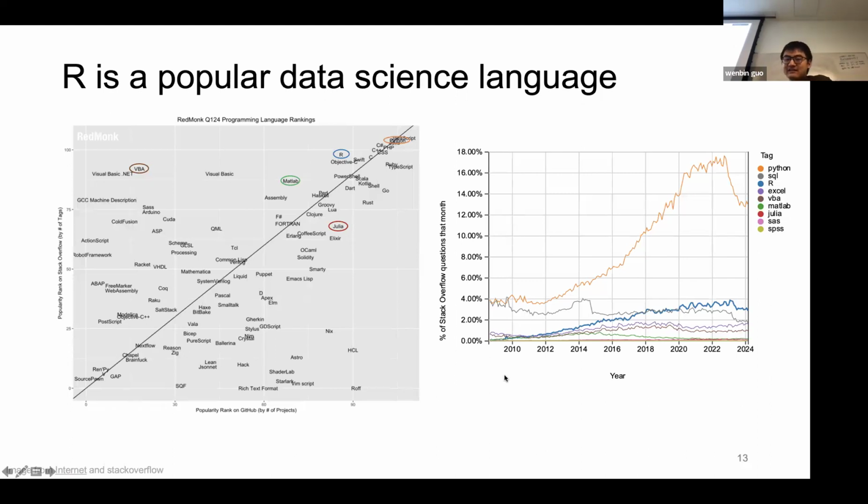And on the other hand, you can see that the blue line is R. So basically, it's steadily increasing to some point. And I actually don't really know what's going on here, like why Python drops a lot and other languages drop a lot, and, guess, why people stopped asking questions on Stack Overflow.